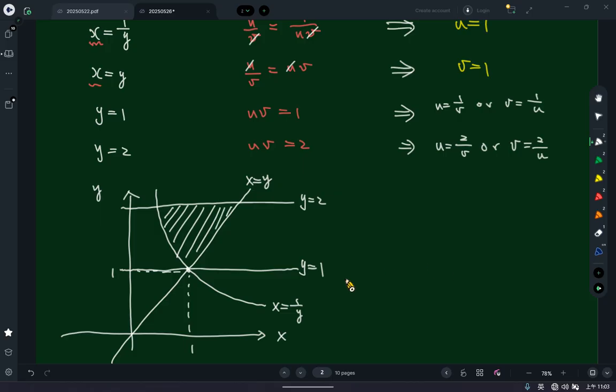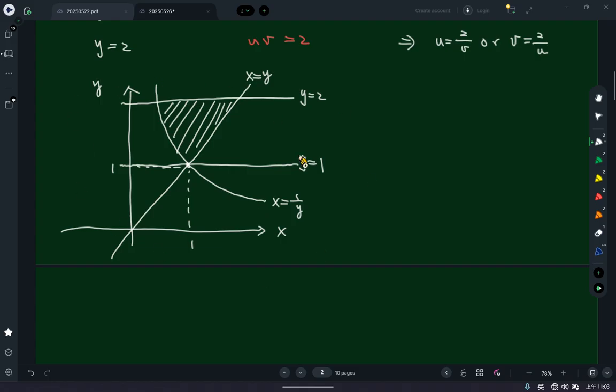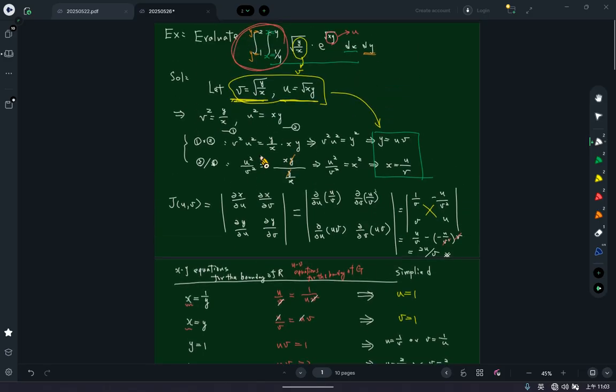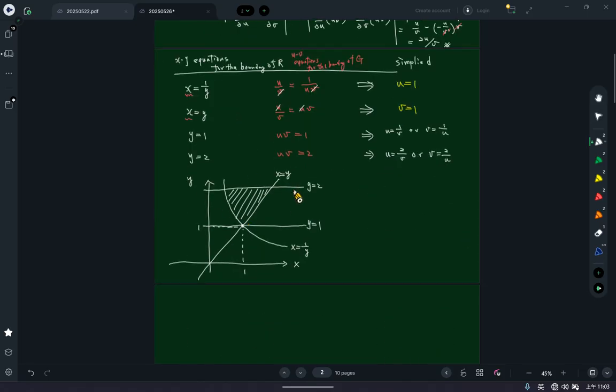Right? Based on this, we can get this one. Should I make it smaller so you can have a whole picture? Based on these 4 parameters, then you can construct the region of integration, right?